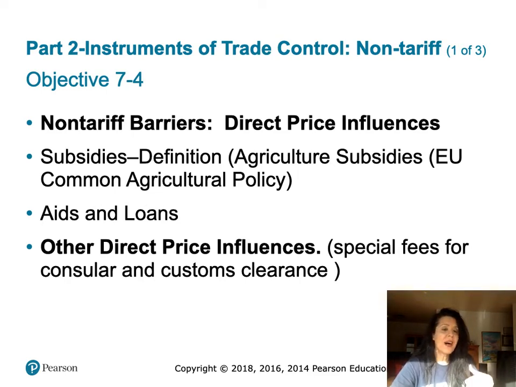There are also other direct price influences. Other means that countries may use to affect prices include establishing special fees for consular and customs clearance and documentation. There might be requirements that customs deposits be made in advance of shipment, and minimum price levels at which products can be sold after they receive customs clearance.